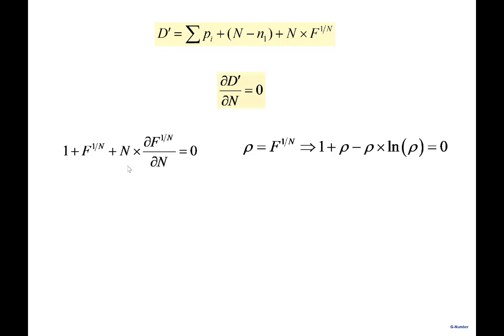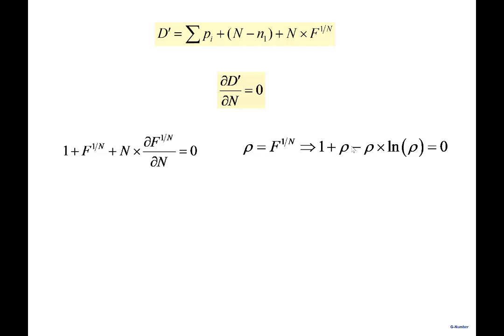You can rearrange all of this and take the derivative, and you can show that this equation, which needs to be satisfied for optimum design, becomes 1 plus rho minus rho into ln rho equal to 0.